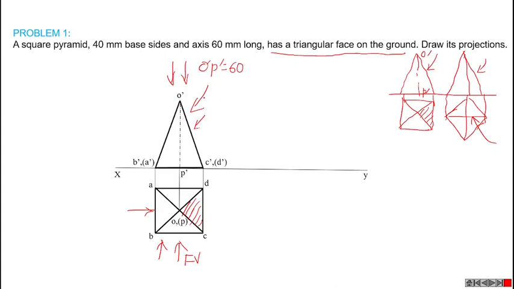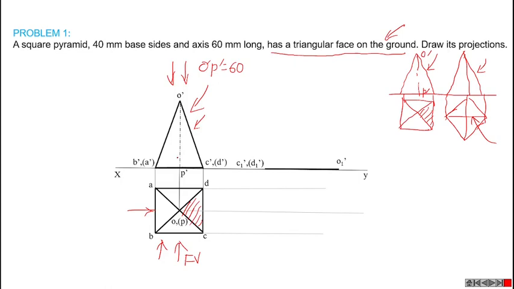Then if we rotate this front view in such a way that O dash, C dash, D dash are on the XY line, that means that triangular face is on HP. That triangular face is on ground. So we can represent that triangular face on the XY line like this: C1 dash, D1 dash, and this point is O1 dash.